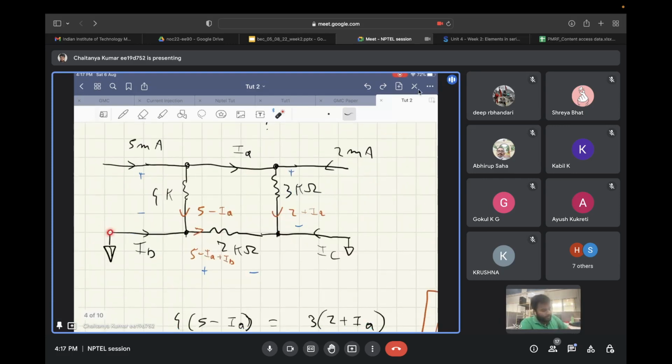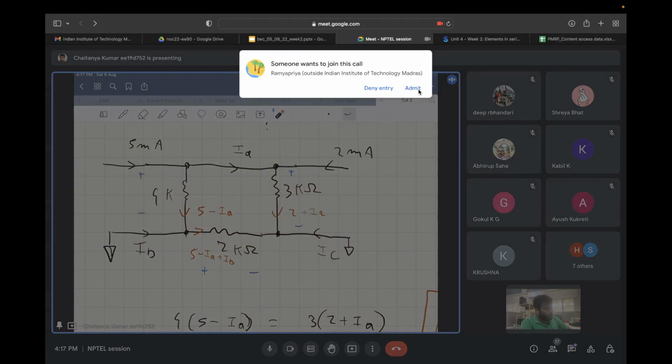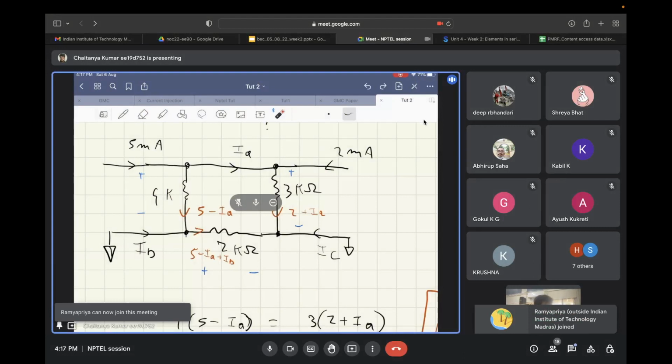And these two voltages are ground, that are 0 volts. Since this is a short wire, the voltage developed across the 4 kilo ohm branch and the voltage developed across the 3 kilo ohm branch must be equal. Why? Because this is 0 volt and this is a short node.